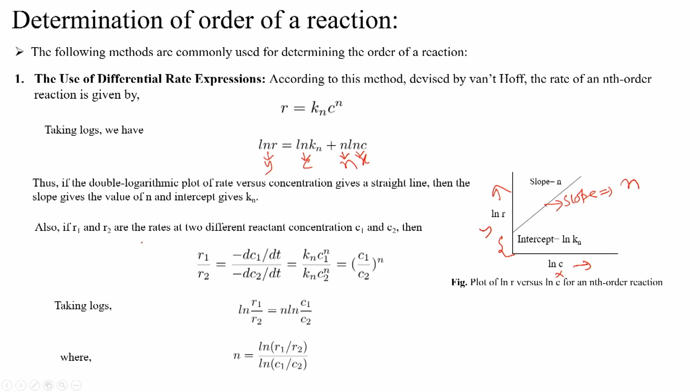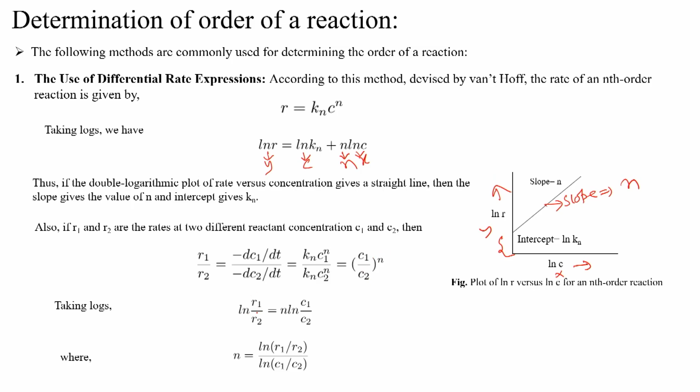Also, if R1 and R2 are the rates at two different reactant concentrations C1 and C2, then R1 is minus dC1 by dt, and R2 is minus dC2 by dt. So, for R1 we get Kn C1 to the n, and for R2 we get Kn C2 to the n. So, we get R1 by R2 is C1 by C2 raised to the n.